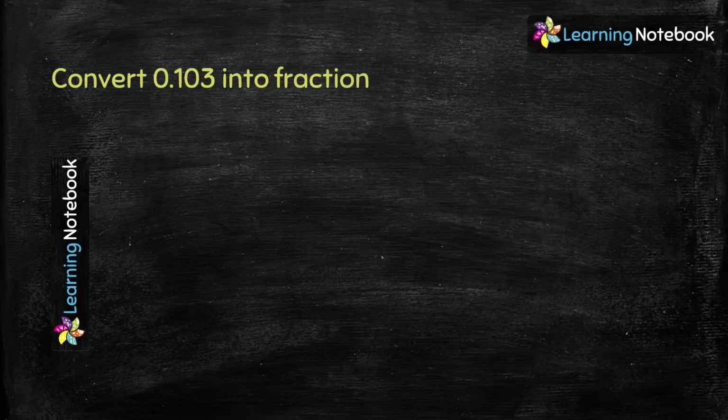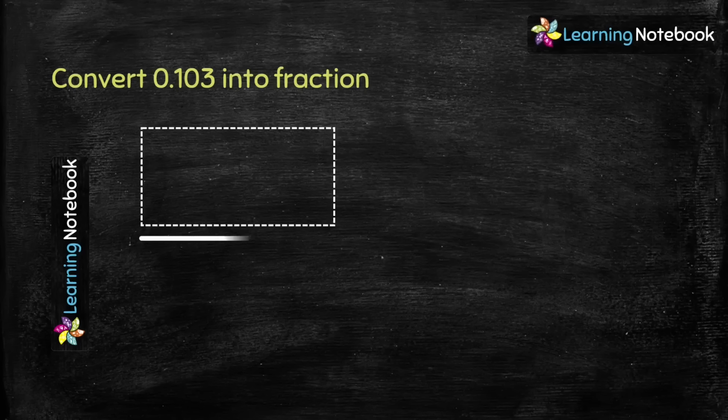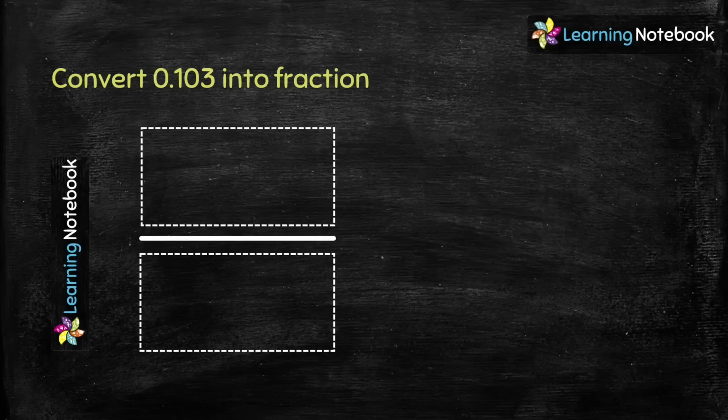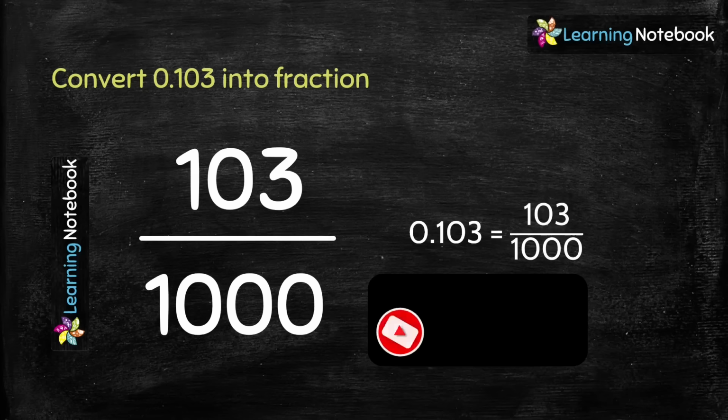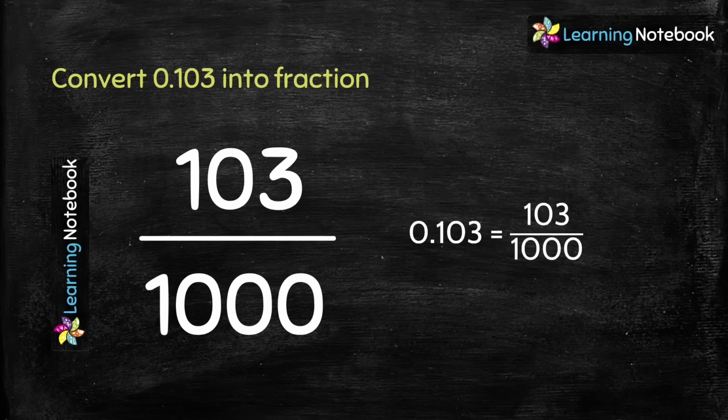Now our next question is convert 0.103 into a fraction. So the numerator will be 103 and this decimal number has 3 decimal places, so its denominator will be 1000. So we have converted the decimal number 0.103 into the fraction 103 by 1000.